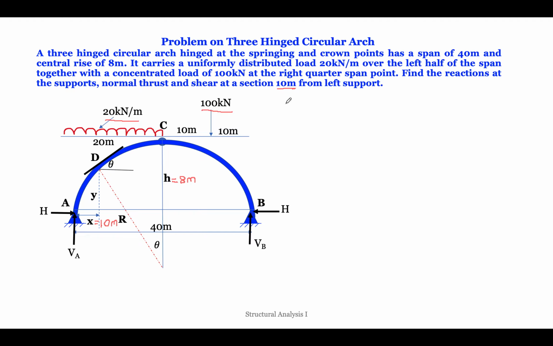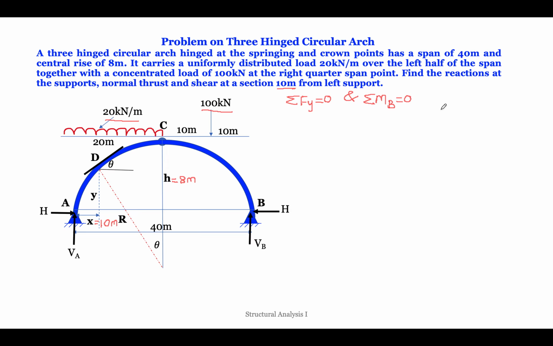There are two main equilibrium equations: summation of forces in y direction, meaning vertical forces, is 0, and the other equation, moment of all the forces about any one support. We can consider moment about support A or support B, so it's up to us. For this problem, let us consider moment of all forces about support B. These are the two basic equations we have to use here.